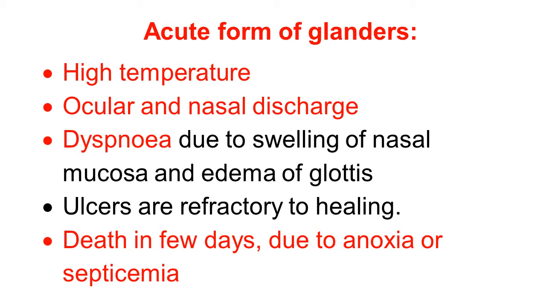They don't show any sign of healing. And the acute form is very severe. I told you that the nasal form and the pulmonary form are the acute form, so it is a severe form. Death occurs in a few days due to anoxia or septicemia. Generally donkeys and mules show the acute form of glanders, that we have already seen.